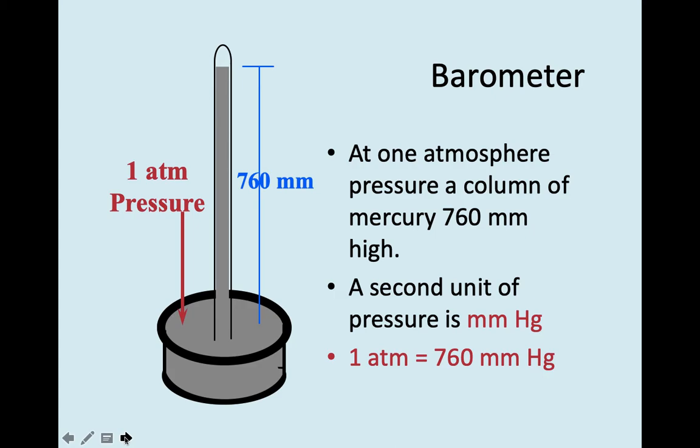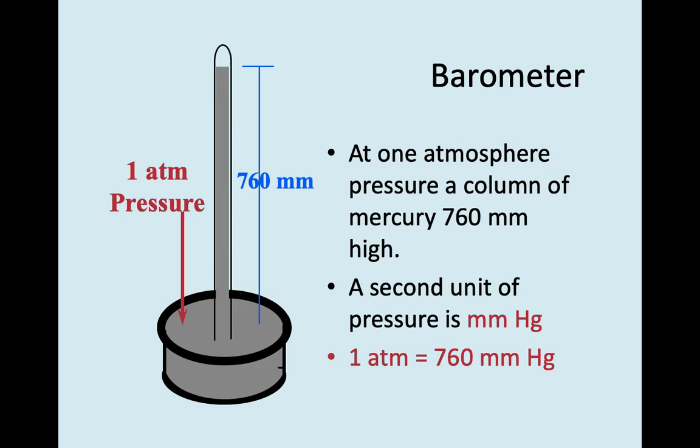How do we measure pressure? We measure it with a barometer, for one. 1 atmosphere of pressure supports a column of mercury that is 760 millimeters high. There's a well of mercury down here, and the atmospheric pressure hits on that well of mercury and pushes it up the column, and you can measure the atmospheric pressure that way.